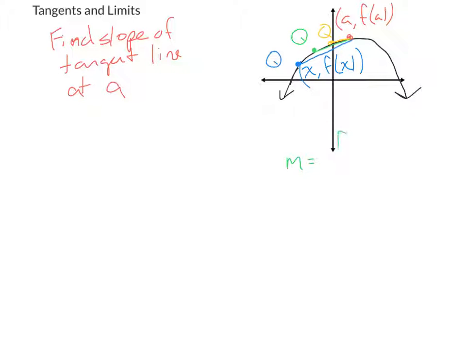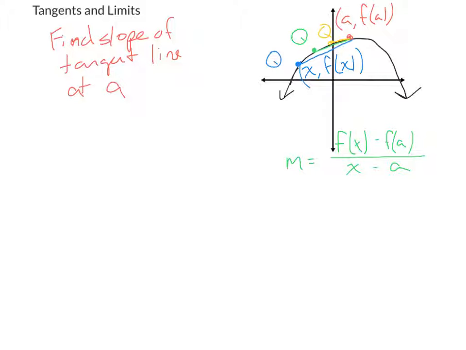We would do f of x minus f of a, right? I've subtracted my y's, now I'm going to subtract my x's, x minus a. And that's all well and good for helping us find the slope of our secant line, but that's not what we want. We want the slope of our tangent line.